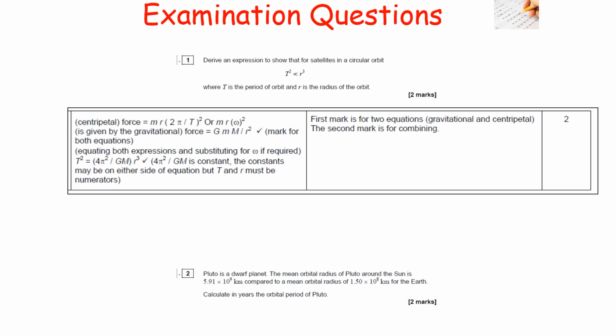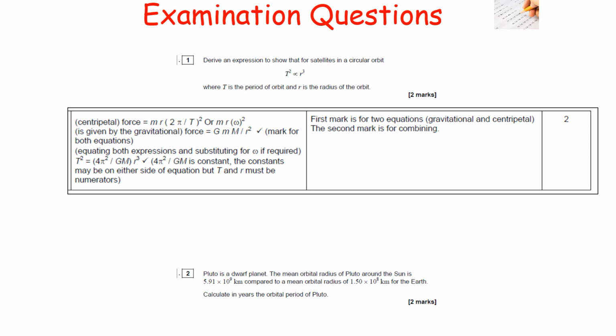We can then link it to T by understanding what T is. Omega is equal to 2 pi f, and we know that f is 1 over T, so omega is equal to 2 pi over T. So when we say m r omega squared, we can write that as m r 4 pi squared over T squared.